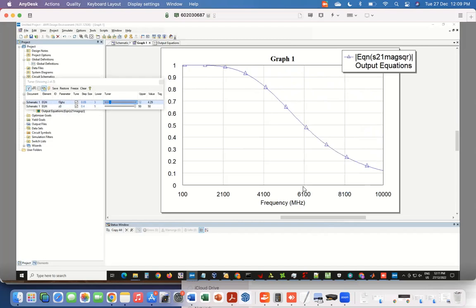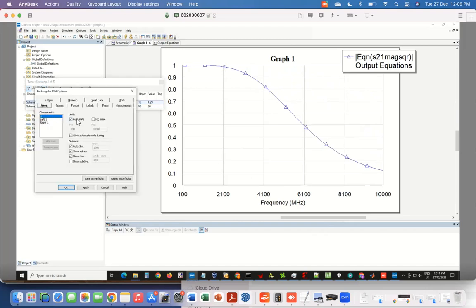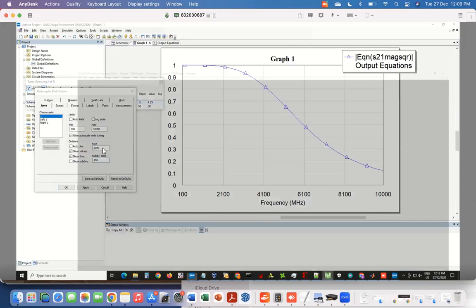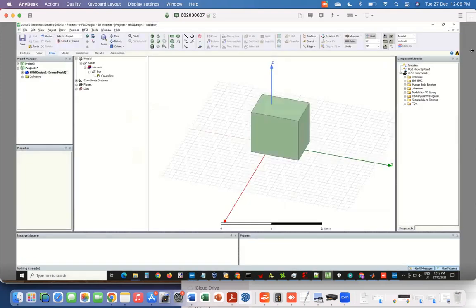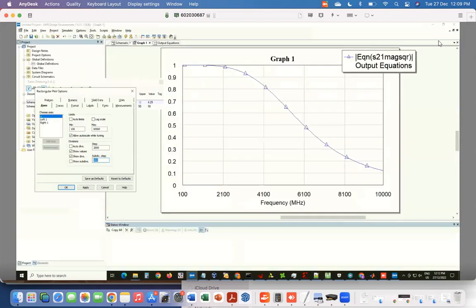I don't know why it chooses some really weird divisions here. Oh, I guess it's because somebody else is using it. Who's this? This is Anirban. Huh?